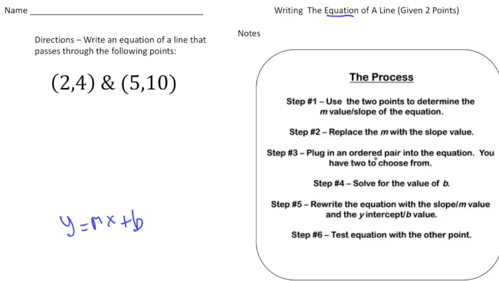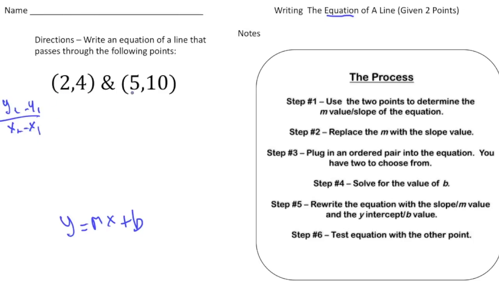I came up with a 6-step process to do this. Step number 1, you use the 2 points to determine the slope of the line. To get the slope from 2 points, you use y2 minus y1 over x2 minus x1.